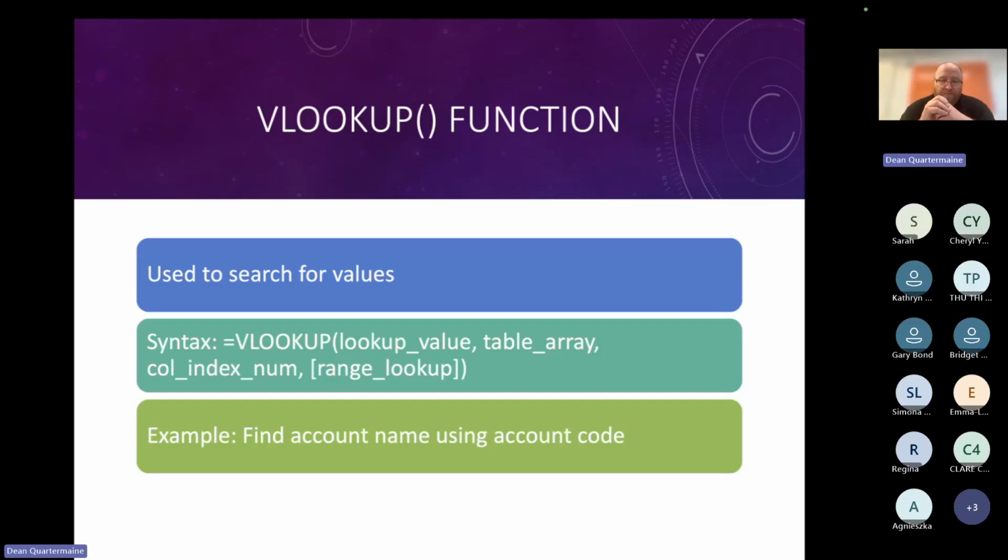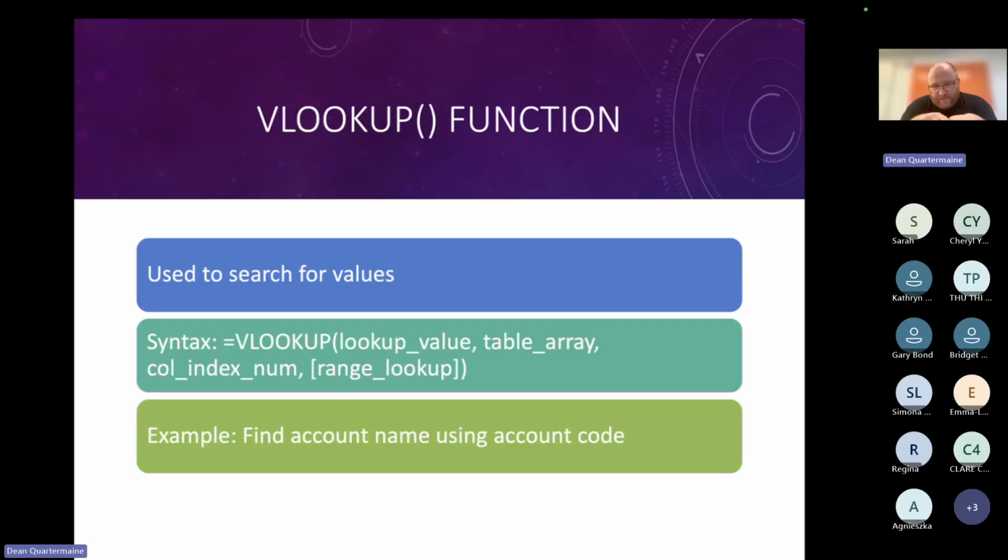So the lookup value is the first bit, then a comma, and then this thing known as a table array, which is the big long list we want to look the value up in. Now, it's not just one column of values, it's almost a table, and the leftmost column of that is where we're going to look up the values.